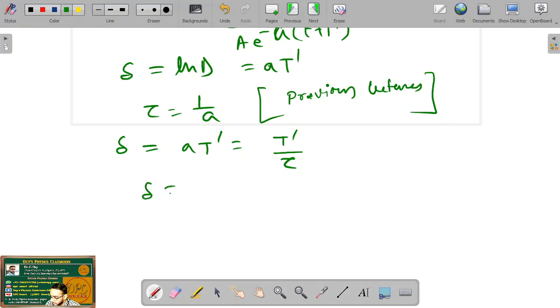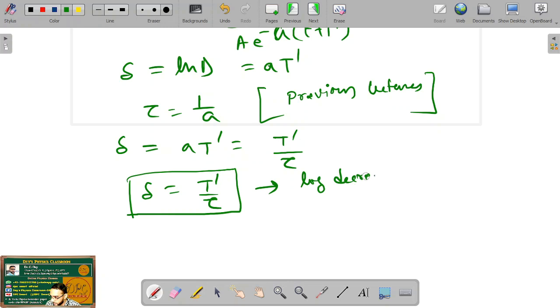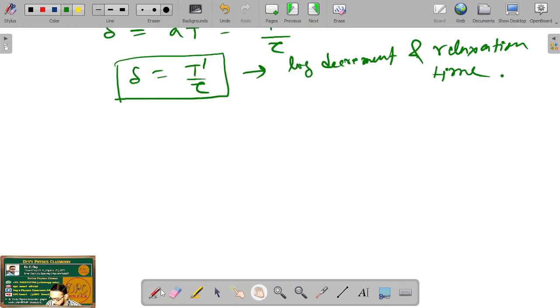So delta equals t prime by tau, which is the relation between logarithmic decrement and relaxation time.